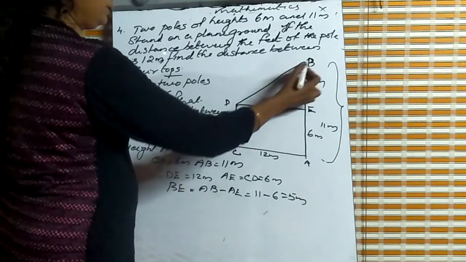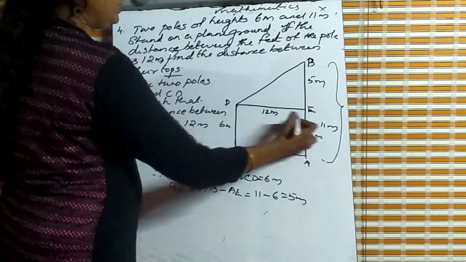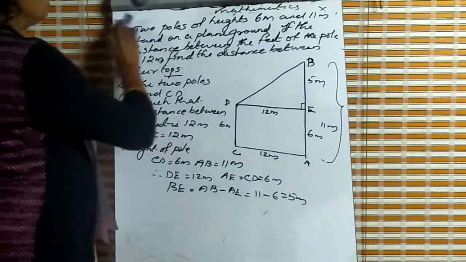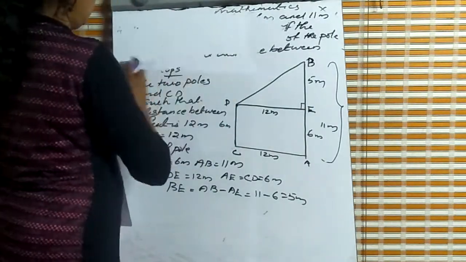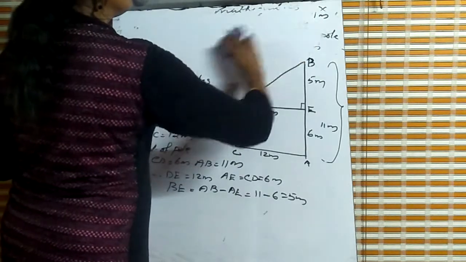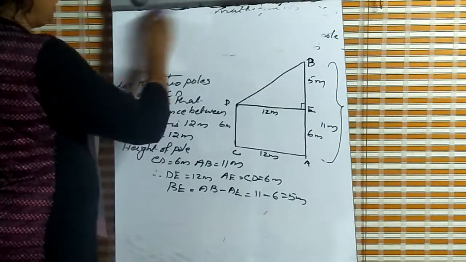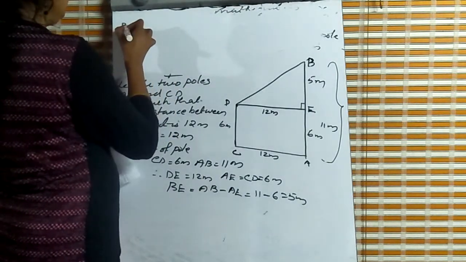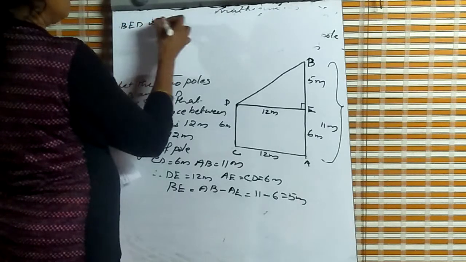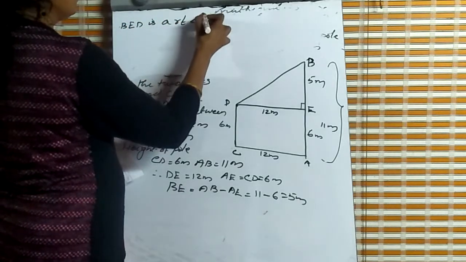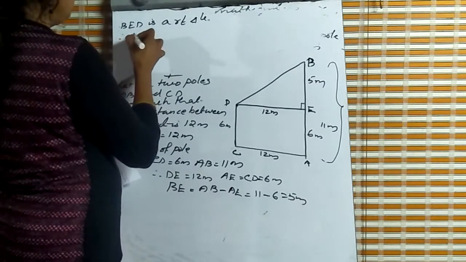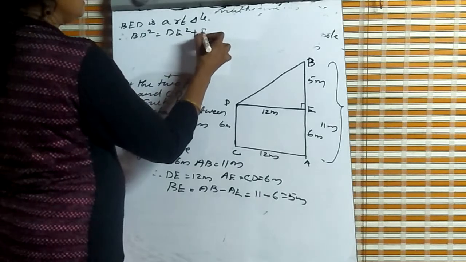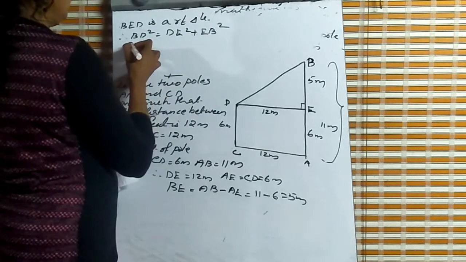Now we have to find BD. Find the distance between their tops is the question. BED is a right triangle. Therefore, BD square is equal to DE square plus EB square.